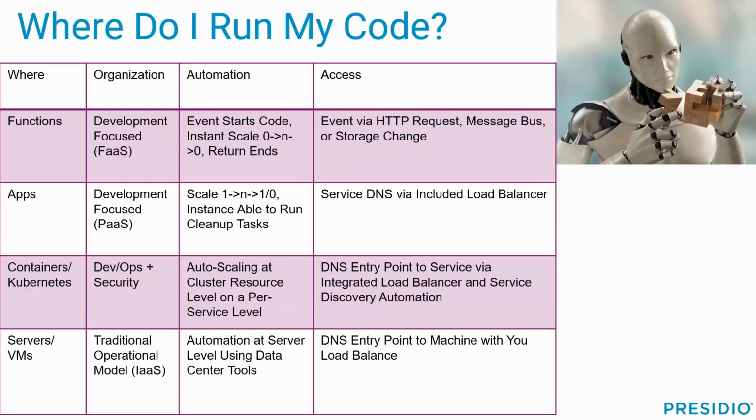And the code gets thrown over the wall after it completes QA, and it's up to the operations team to run it, right? And they're going to use some automation to run servers and deploy things using their traditional data center tools. And they're going to give back a DNS entry once it's all set up to actually access the server, right? And it may be a load balancer, and then that reaches out to multiple servers, but generally it's a single point of entry.